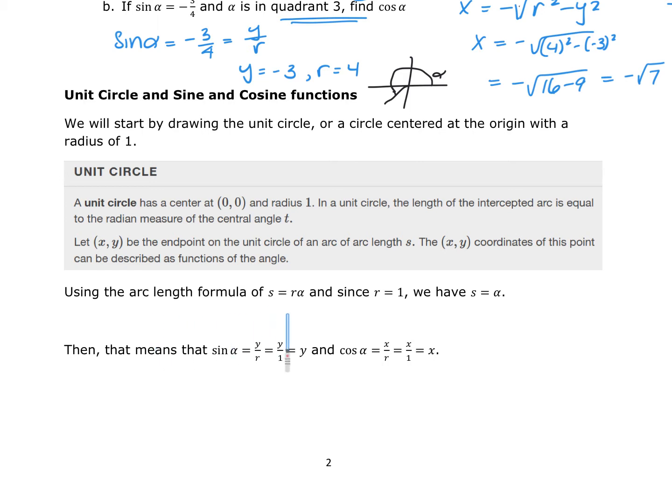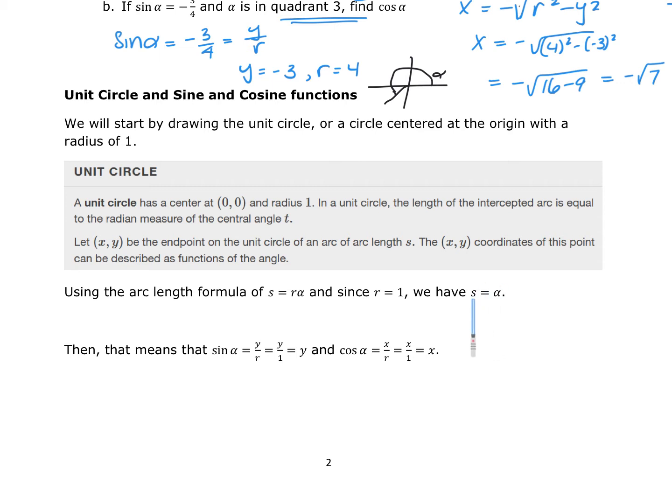Now, if we use the arc length formula, and we talked about this in our last video, why do we ignore the radians when we're on the unit circle? Well, since the arc length is my radius times my angle alpha in radians, since my radius is 1, my arc length, which is a length, is equal to the angle in radians. So if I'm talking about the angle, I'm going to make sure I have radians on there.